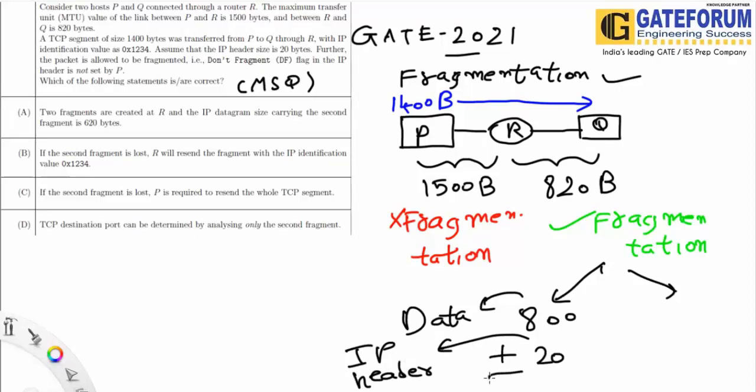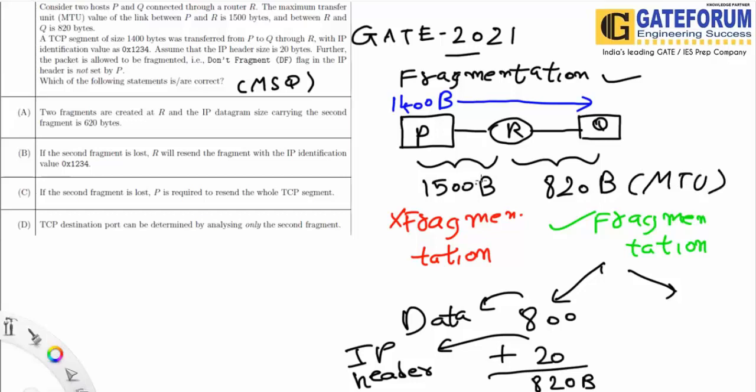In total we would have 820 bytes, which is equal to the MTU given here. So the MTU here is 820.